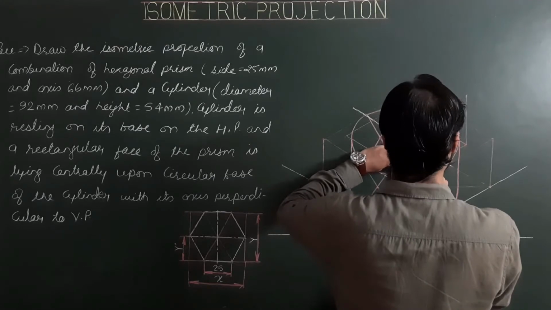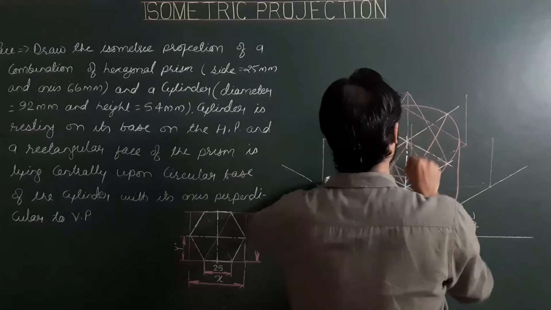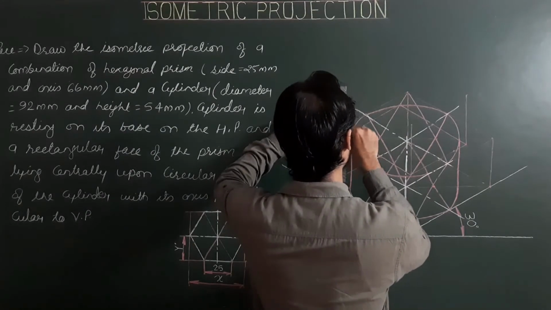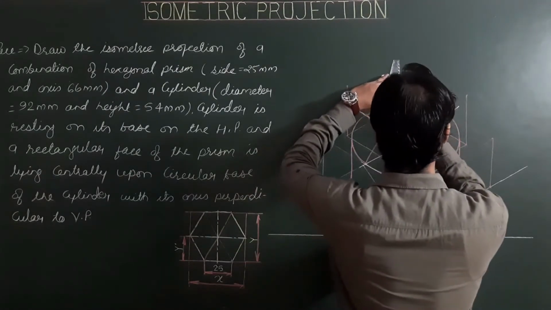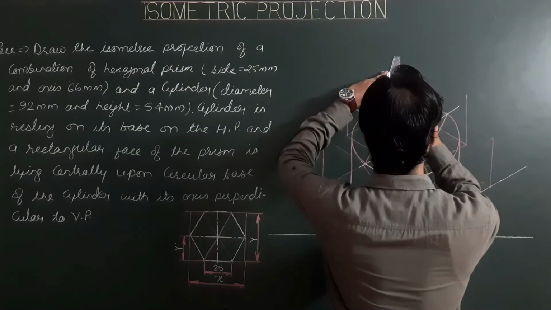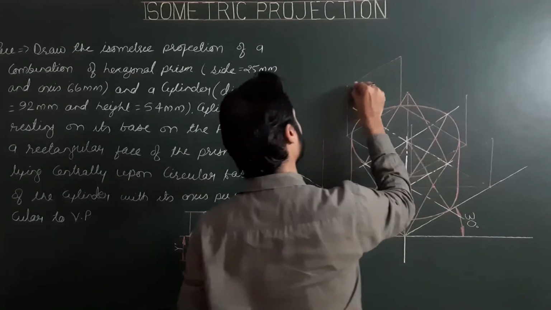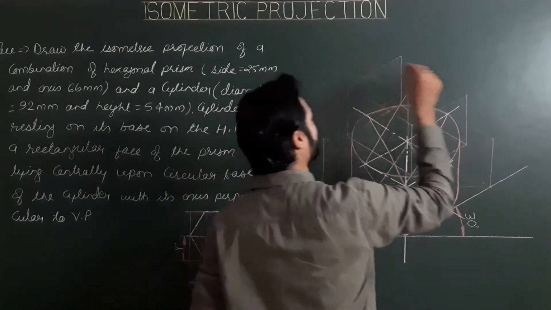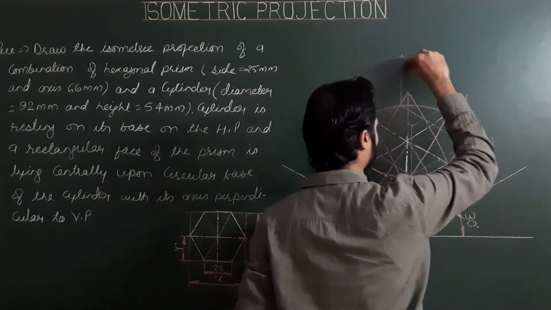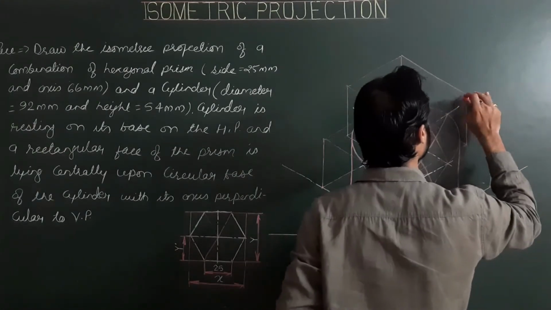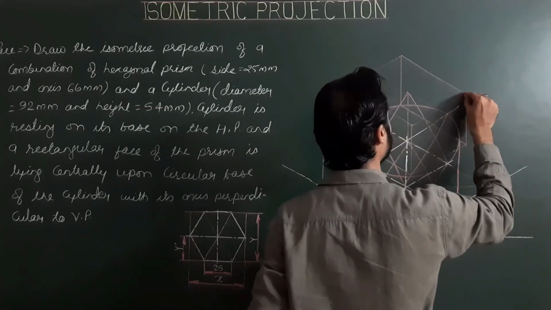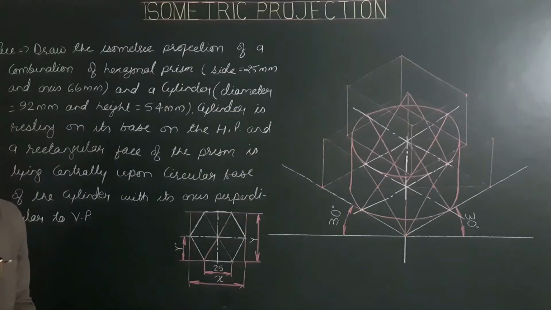So from all four corners, drawing lines parallel to the third or vertical axis, and then drawing lines joining these points, we will get the upper face of the prism. Now we have the cuboid, the enclosing cuboid for the prism.